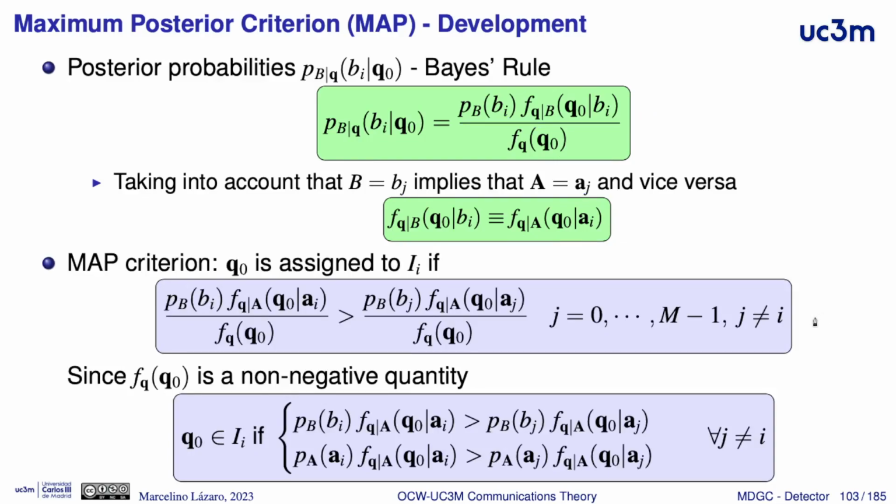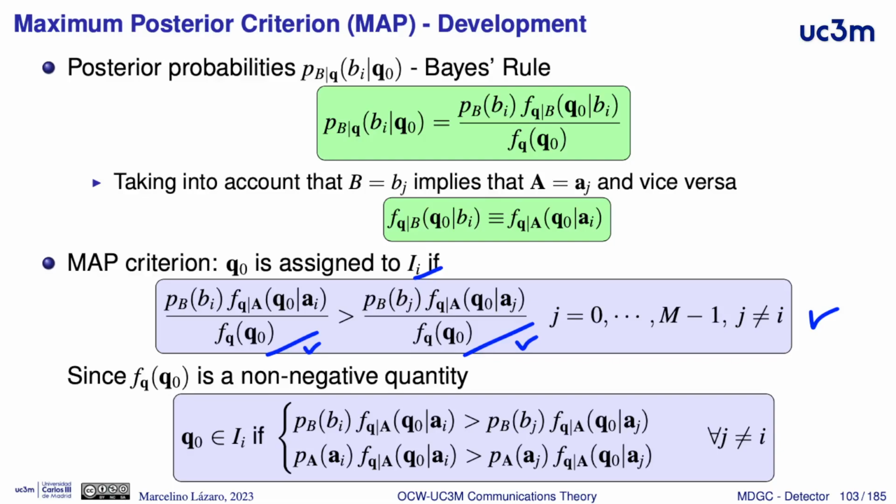Taking this into account, the MAP criterion can be written as follows. Here we have the posterior probability for symbol BI, here we have the posterior probability for symbol BJ, and the observation Q0 is associated to the decision region of the symbol BI when the posterior probability is higher than for any other symbol.